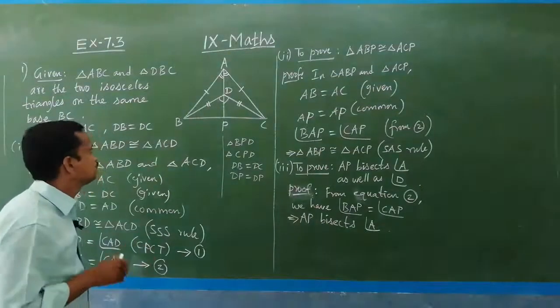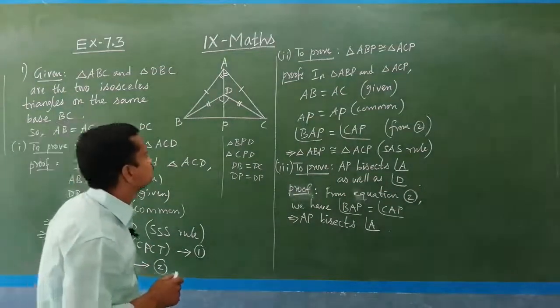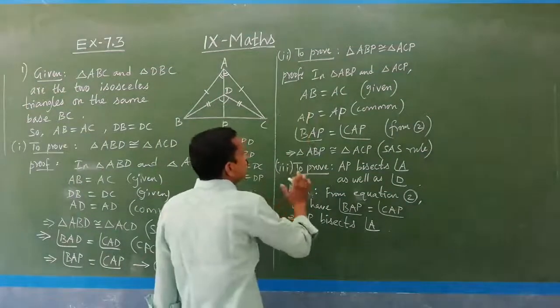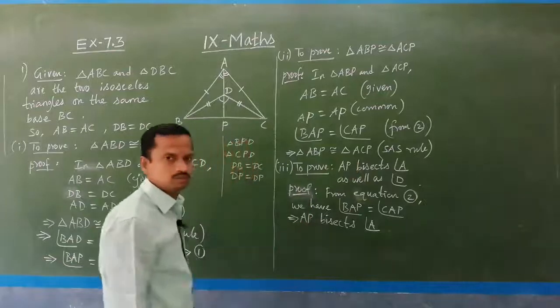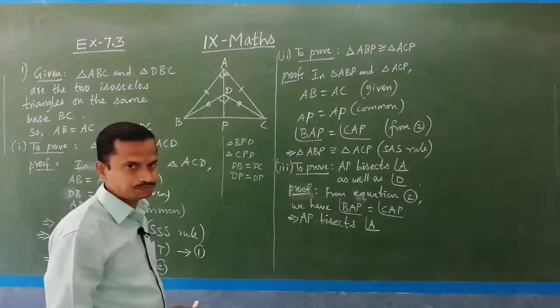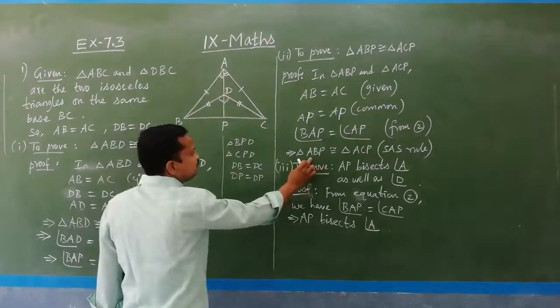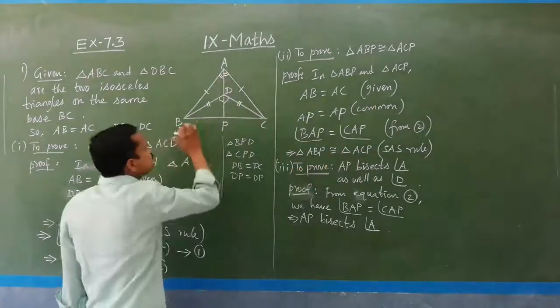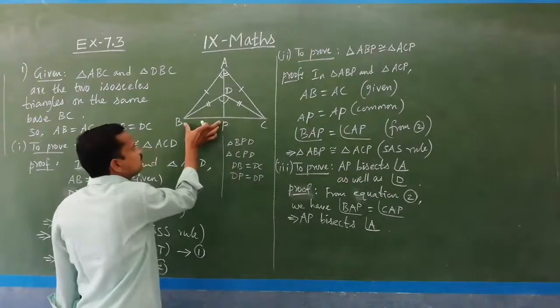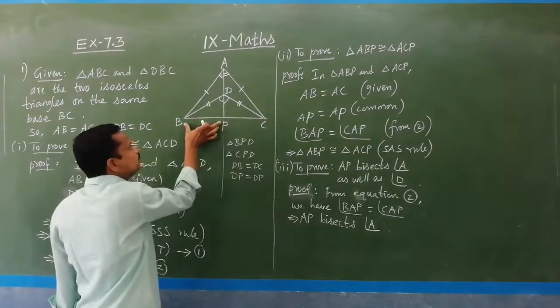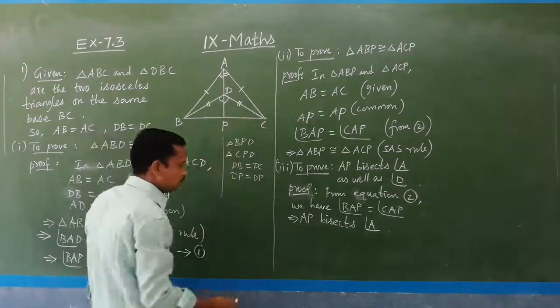For that we know in part 2, the option 2, these two triangles are congruent, am I right? So, after saying triangles ABP and ACP are congruent, we proved already, by CPCT we can say BP and CP are equal.